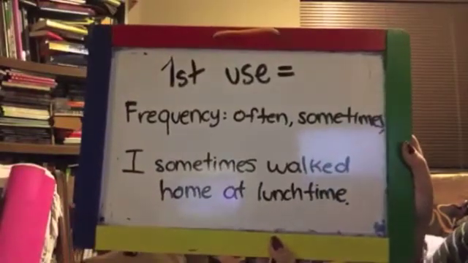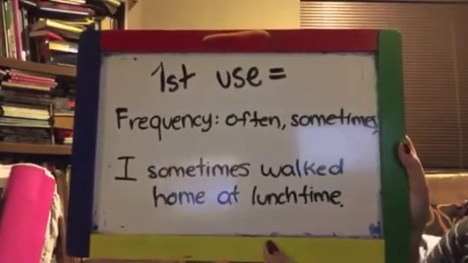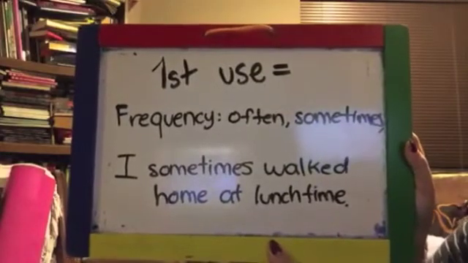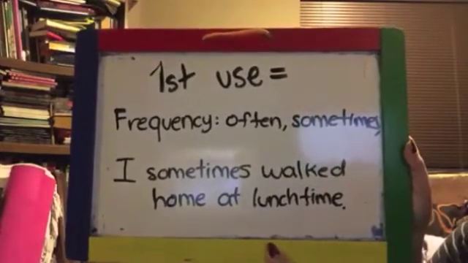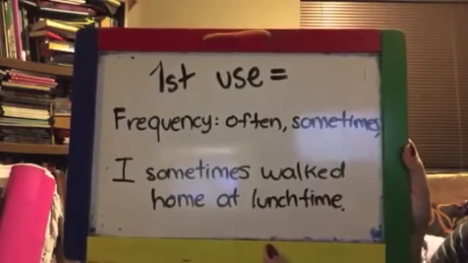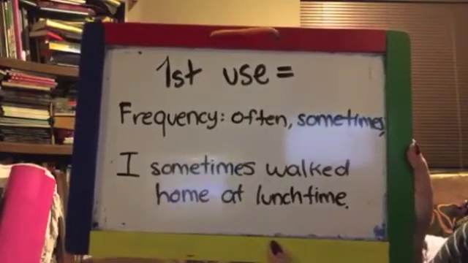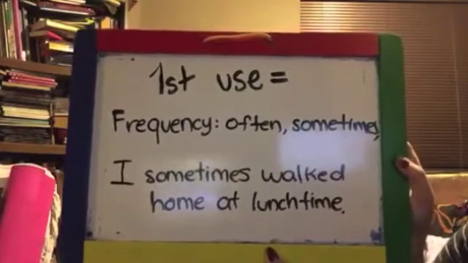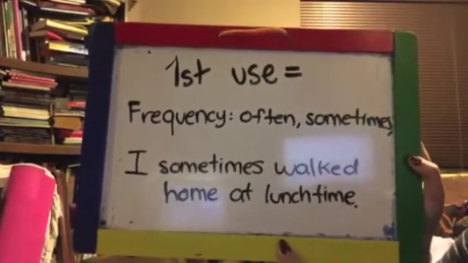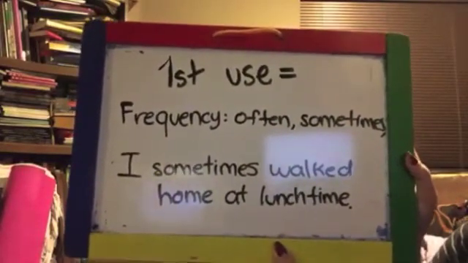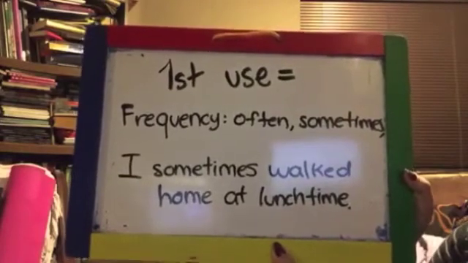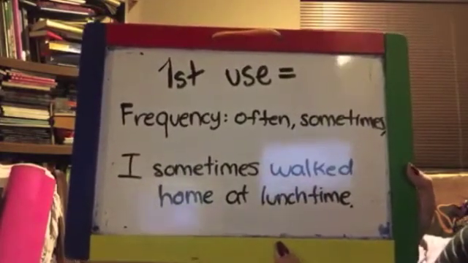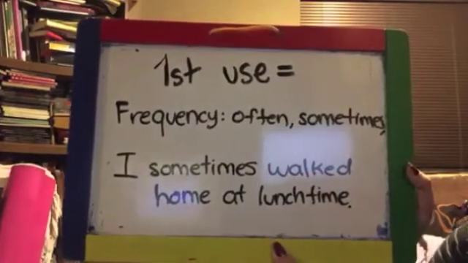The first use of the simple past is for frequency. We can say when or how long something occurred in the past, like often or sometimes or always. And in this sentence we have, I sometimes walked home at lunchtime.